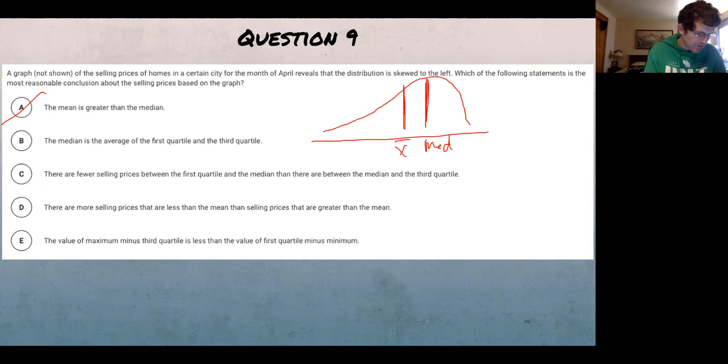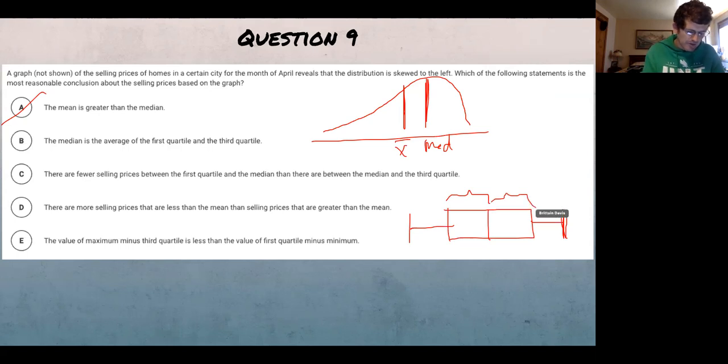So the median being the average of the first and third quartile, keep in mind, you can have box plots where the median is right in between these two, and that distance and this distance are equal. But you have box plots also that look like this.